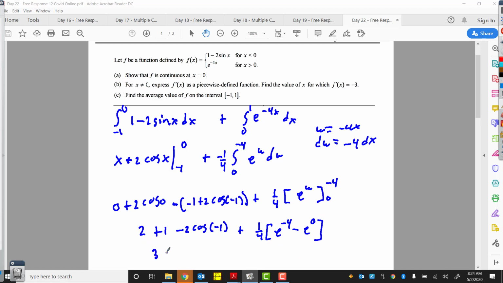So we end up with 3 minus 2 cosine negative 1 plus 1/4 times e to the negative 4th minus 1. This is our integral. So this is the integral from negative 1 to 1 of f of x dx. But remember, that's not what we're looking for. We're looking for the average value.